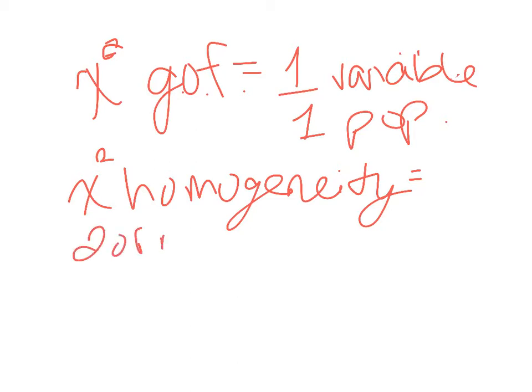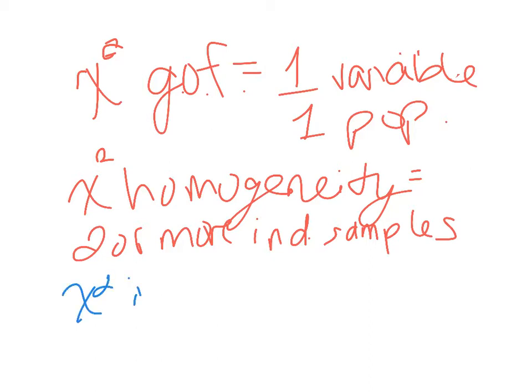So I'm going to have 2 or more independent samples or groups here. Okay, and then for my chi-square for independence, I'm going to have 1 sample, and I take that 1 sample and I divide them into 2 different categorical groups of data.